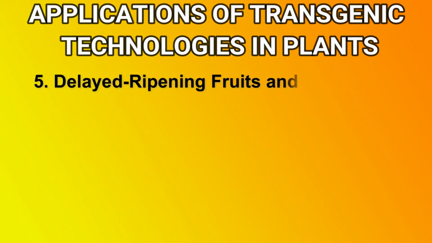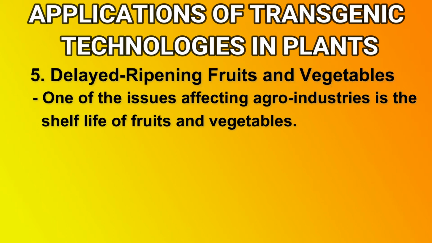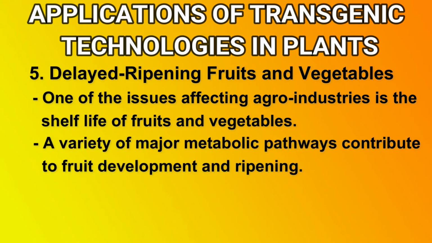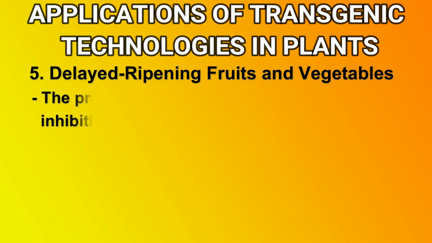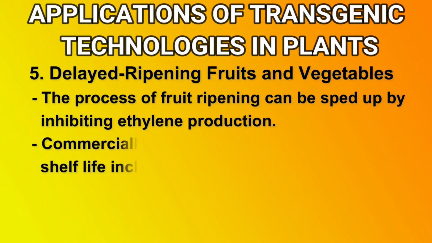Number 5. Delayed ripening fruits and vegetables. One of the issues affecting agro-industries is the shelf life of fruits and vegetables. A variety of major metabolic pathways contribute to fruit development and ripening. One of the main molecules involved in fruit ripening is the gaseous hormone ethylene. The process of fruit ripening can be slowed down by inhibiting ethylene production.